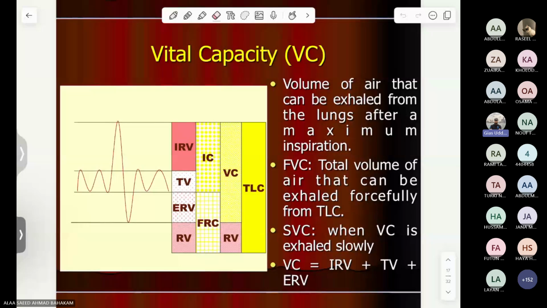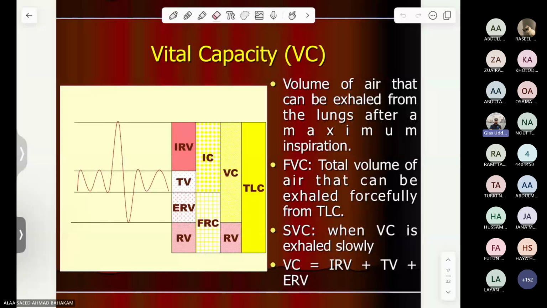Vital capacity can be exhaled forcefully from the TLC, total lung capacity. So there is a forced vital capacity, FVC, and there is a slow vital capacity, SVC. What is forced vital capacity?